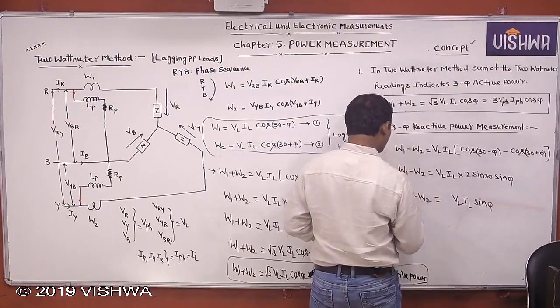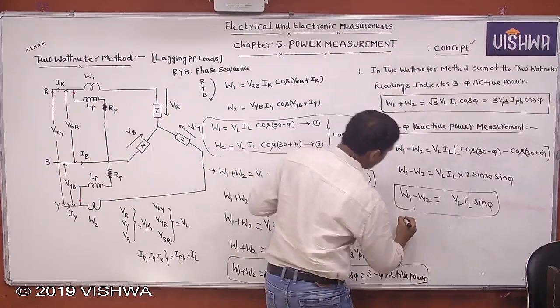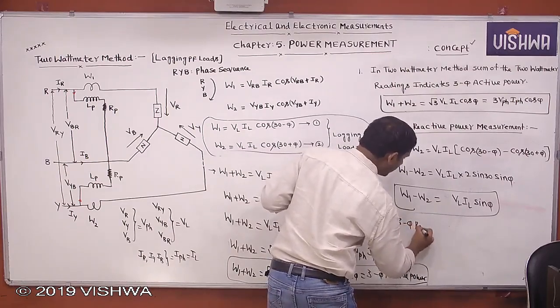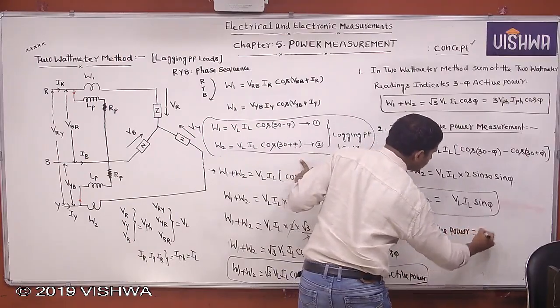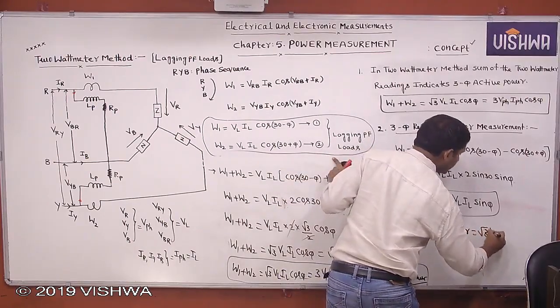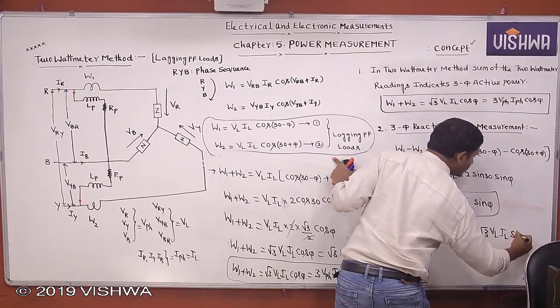But it is not the 3 phase reactive power. How can we get the 3 phase reactive power? Then 3 phase reactive power equals root 3 VL IL sin phi.